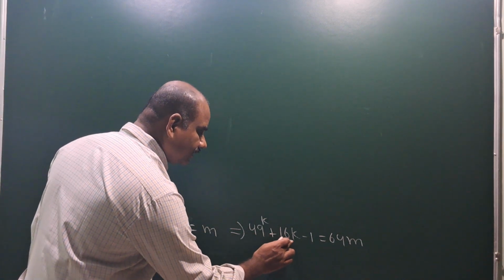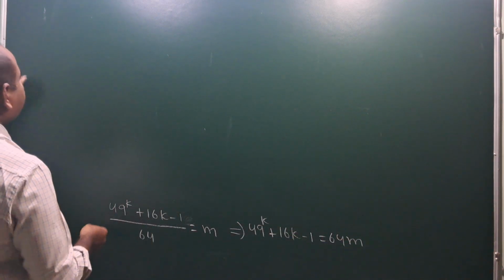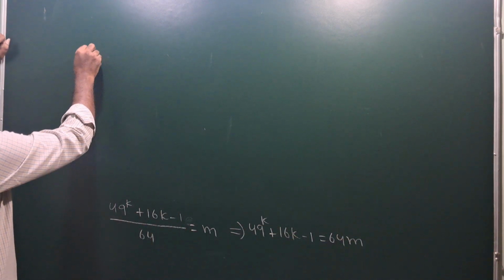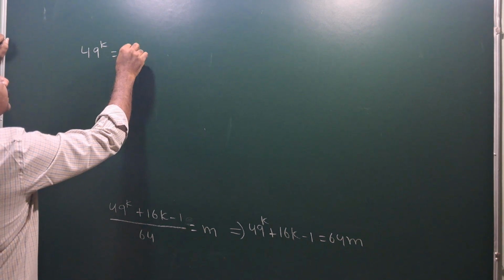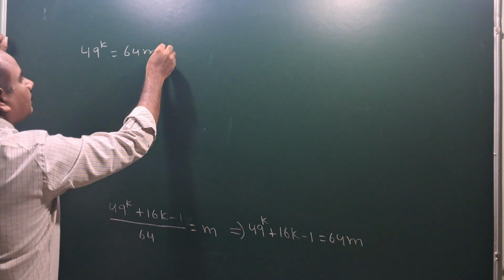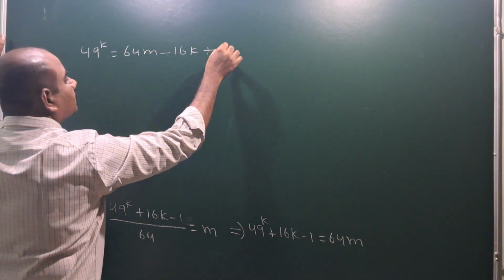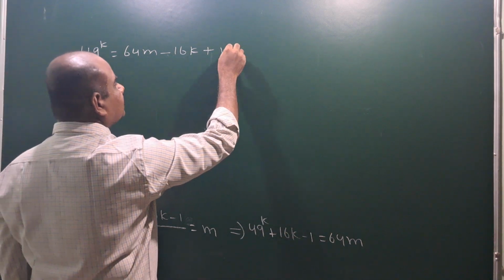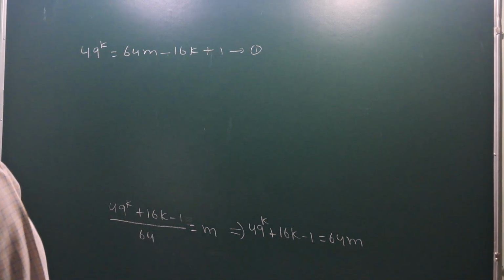Transposing these two terms, 16k and minus 1, to the right side, we get 49 power k is equal to 64m minus 16k plus 1. Considering this as equation number 1, let us see case 3.